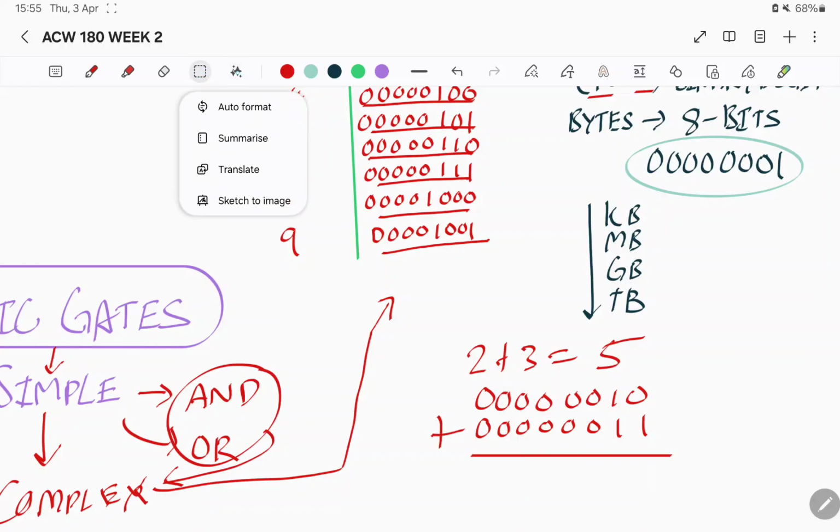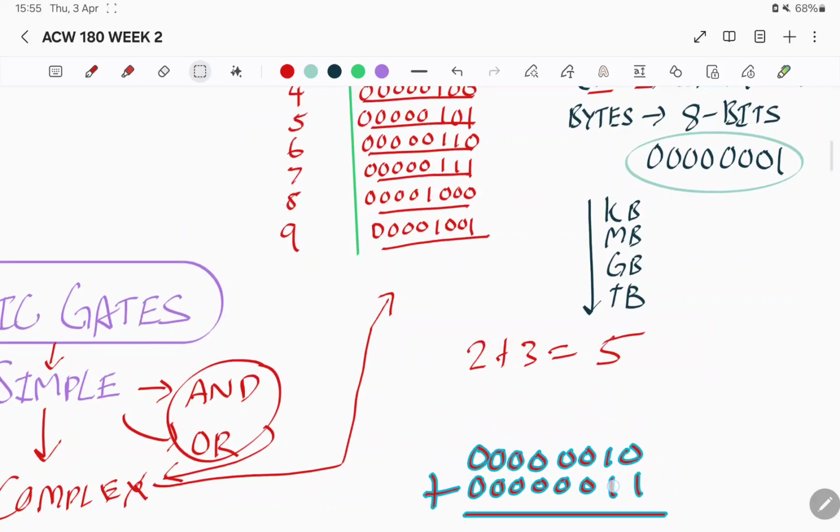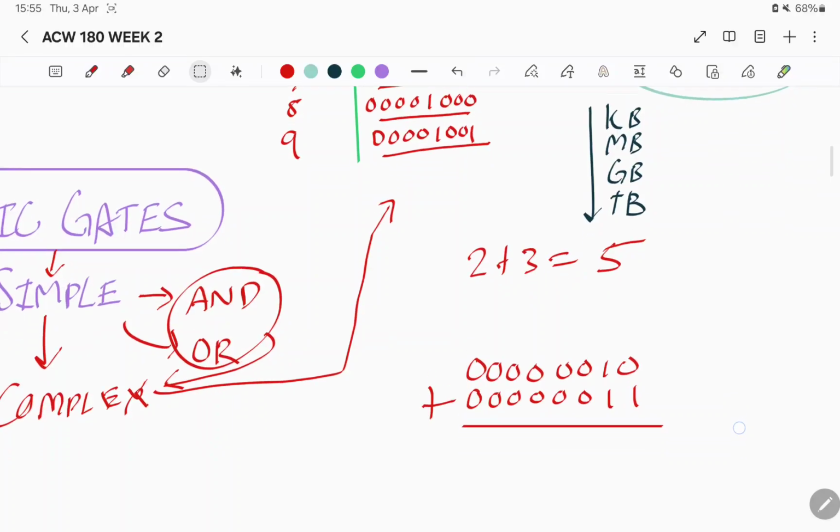All right, simple arithmetic over here. They will have what they call the carry. 0 plus 1, the sum over here is 1. There's a carry over here.